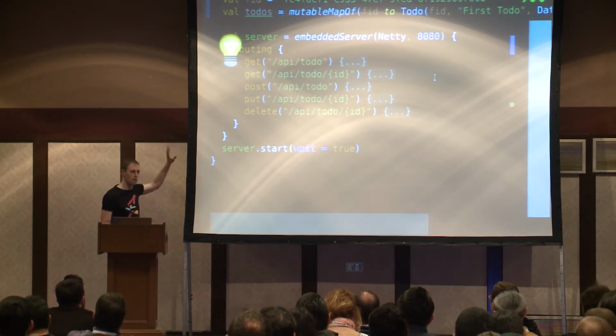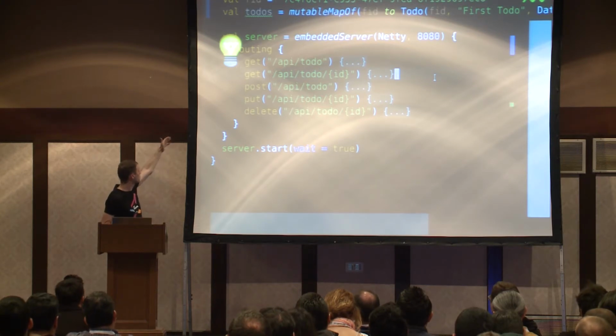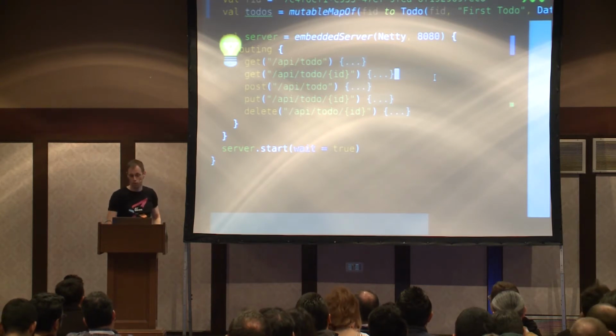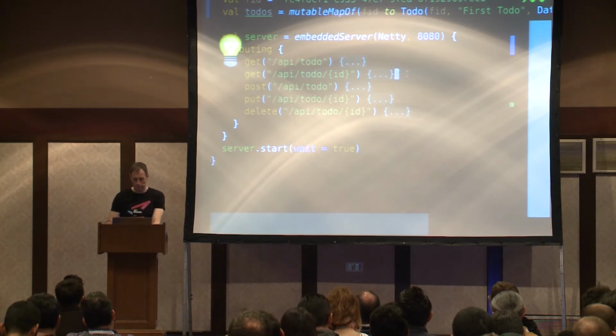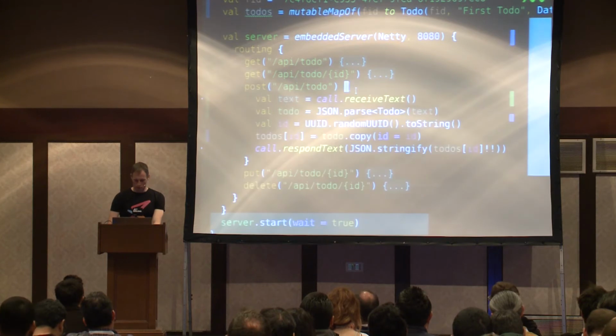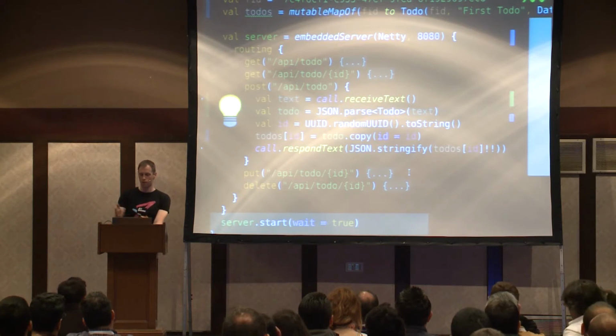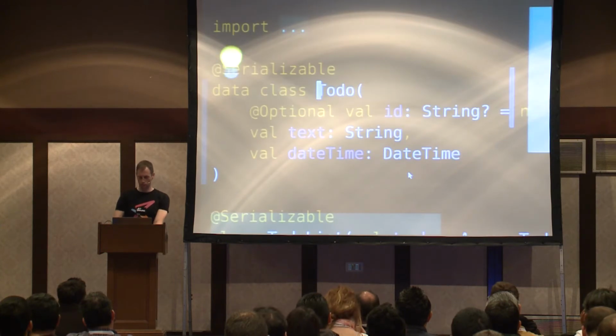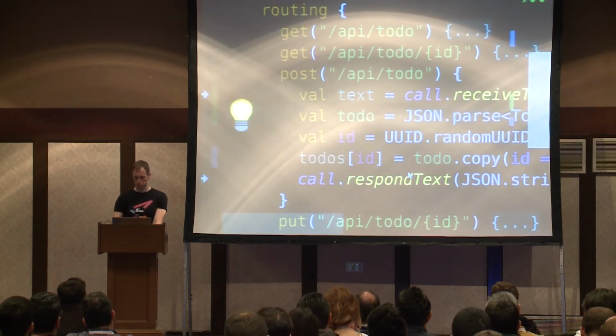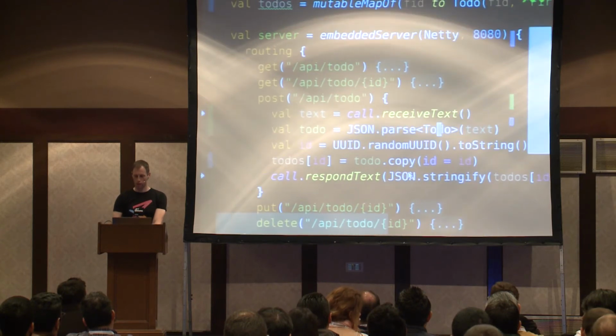This is an HTTP REST-like API with get, post, put, and delete methods for our to-do items. For example, let's take a look here. We use the Kotlin serialization library to serialize and deserialize these to-do items from JSON. And it is using the to-do items we declared in common code.